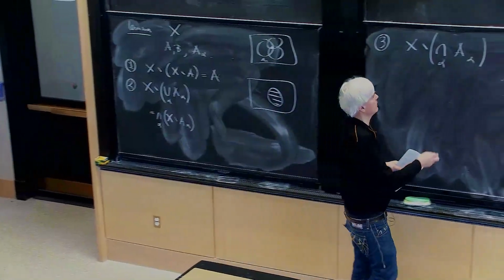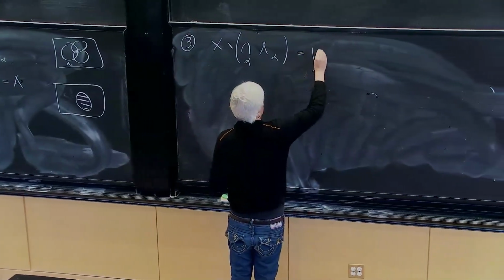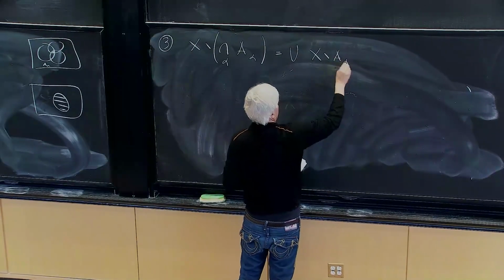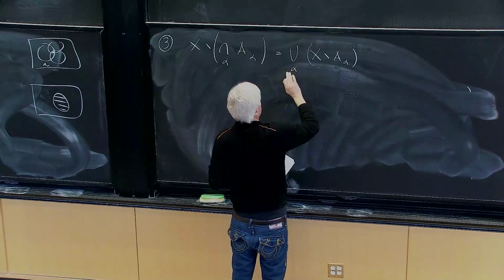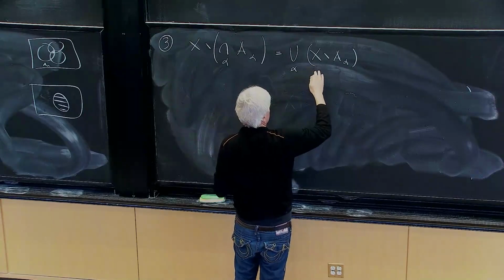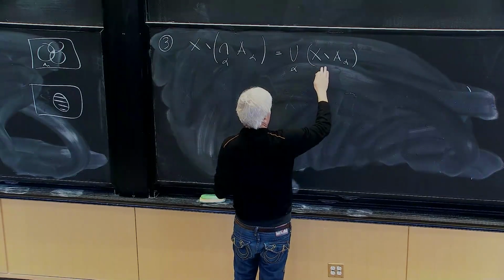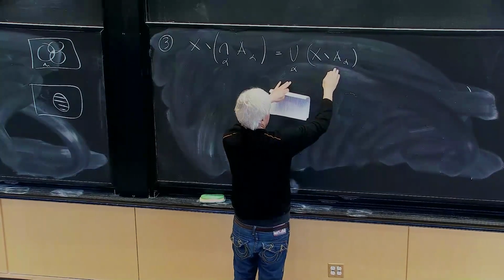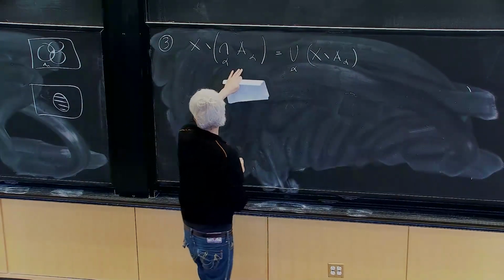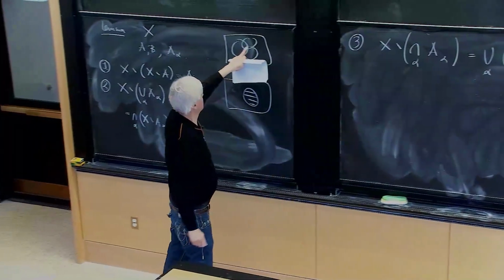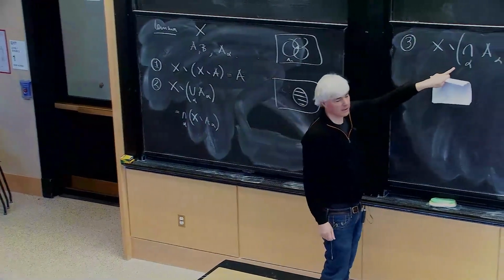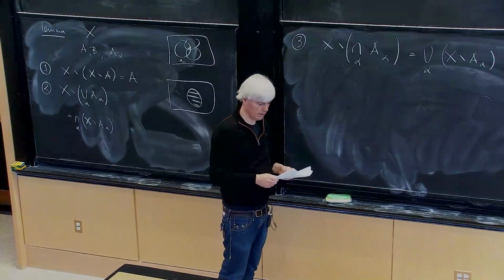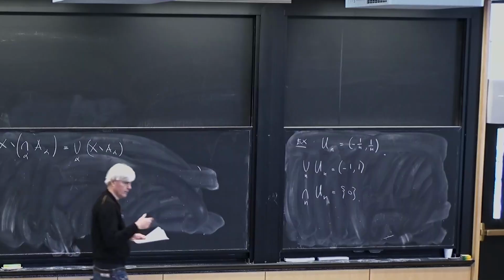But that's the same as the union of X take away A alpha. This here is the element that is not in at least one of the A alpha, where it's not in, right? And so that's the same. So this is the same as this. Again, I wrote out the proof of these things in the notes.